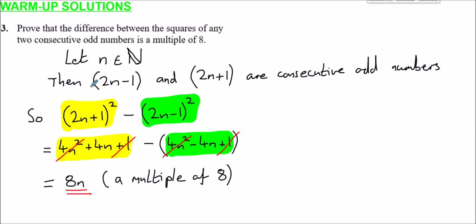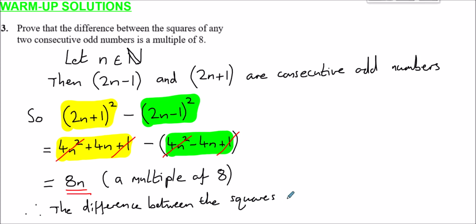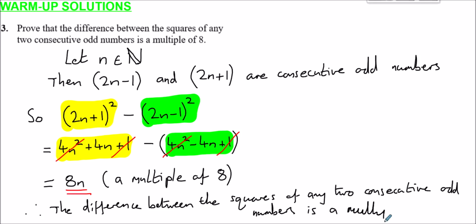Even though it is a bit of a pain, it makes it easier if you just write something along the lines of: therefore, the difference between the squares of any two consecutive odd numbers is a multiple of 8. And then we're done.